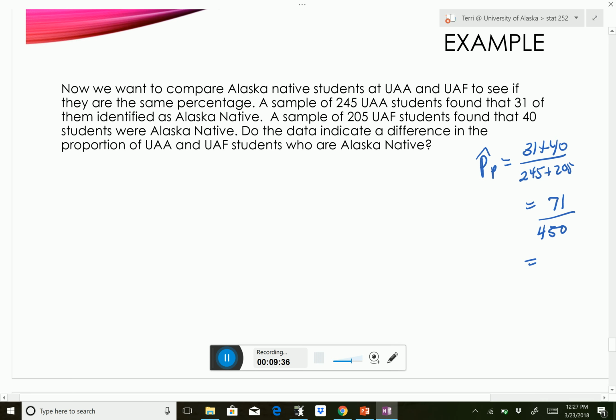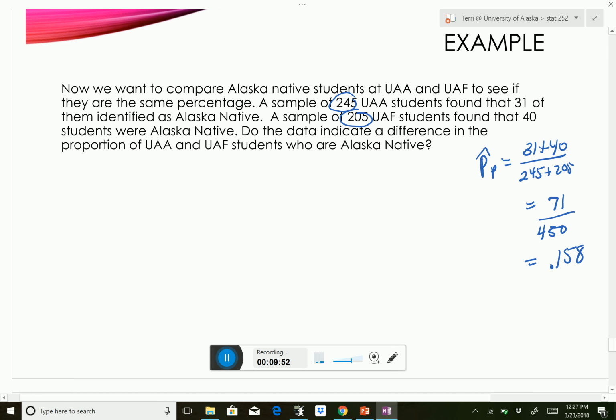Okay. So 71 divided by 450 is 0.158. So now, that's less than 0.5. So now we need to multiply that by the smaller of our n.